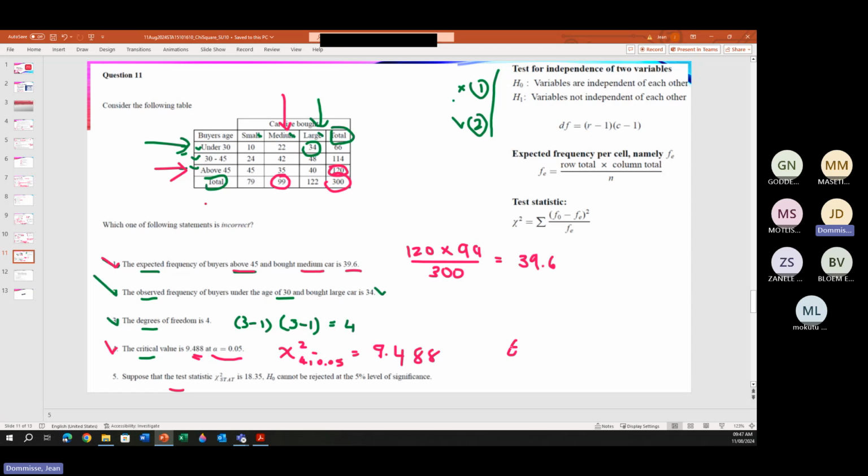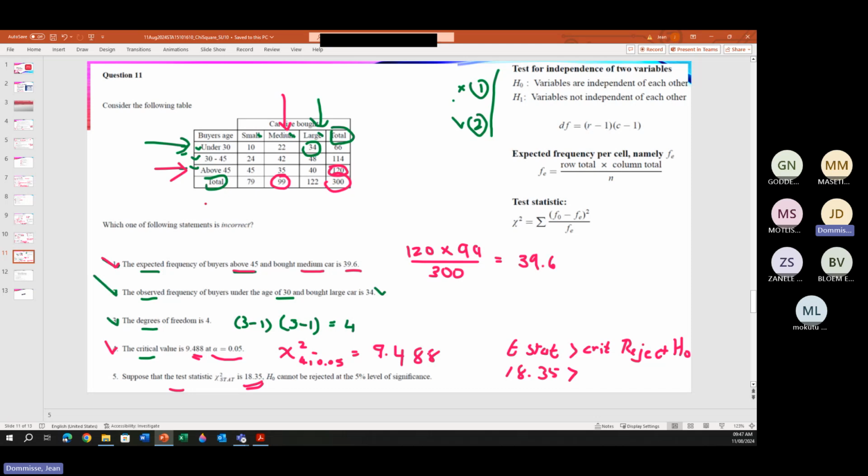Okay, so then the last one, I'm going to check. If T stat is bigger than crit, we reject the null hypothesis. Let's quickly see. T stat, they say it was worked out as 18.35.